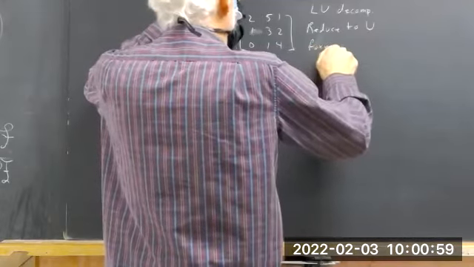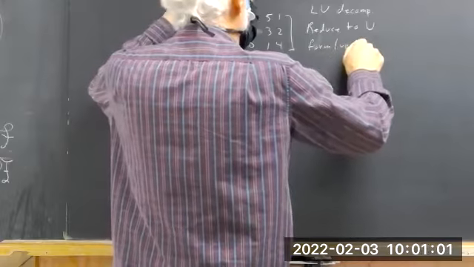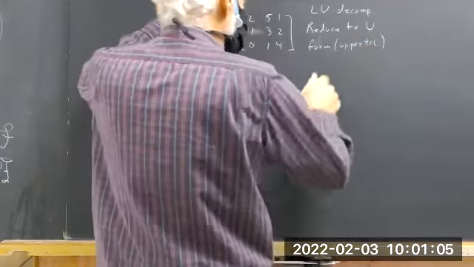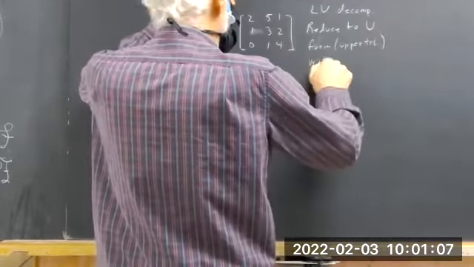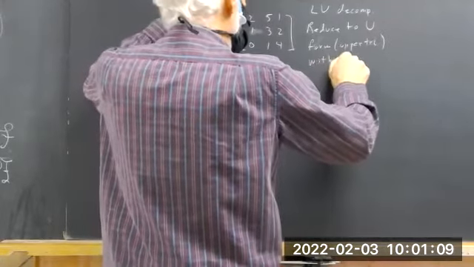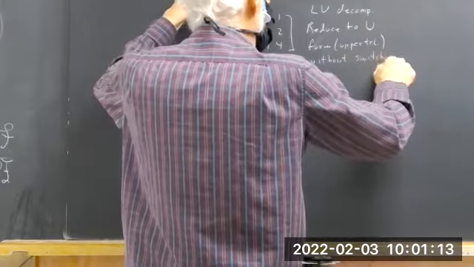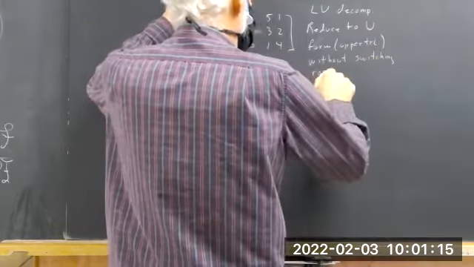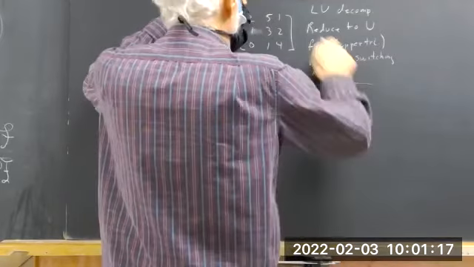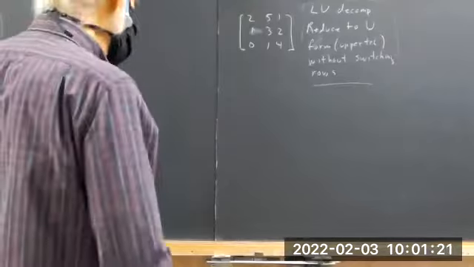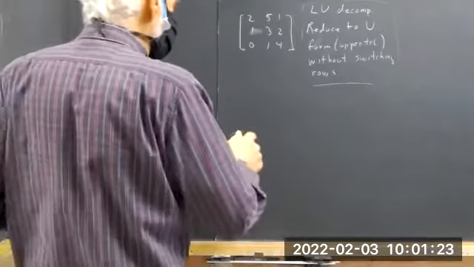Reduced to U form, which is upper triangular. Without switching rows. Okay, so we do that.